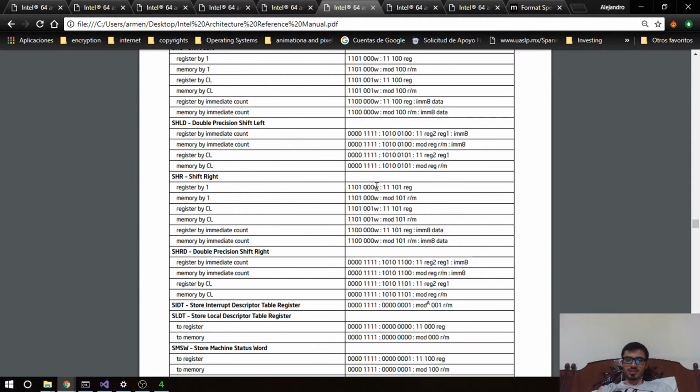This is a ModR/M thing, and you have to look for the meaning of the ModR/M itself in the table. It's just another way to look at the same information. If you want to see the bits, here are the bits. If you want to see the meaning of the bits, you have to see the whole of the things that we have seen.